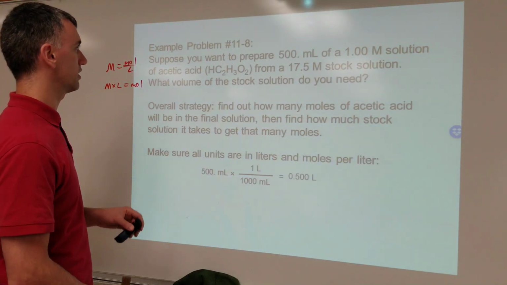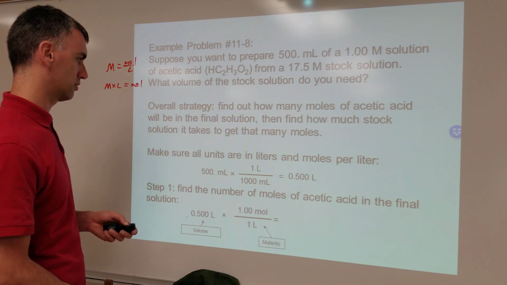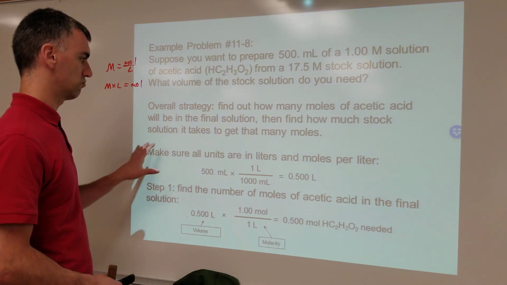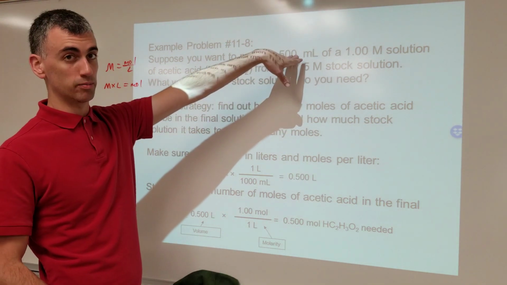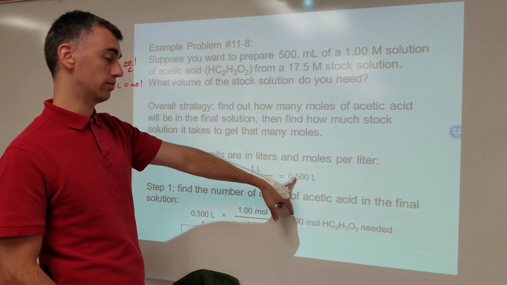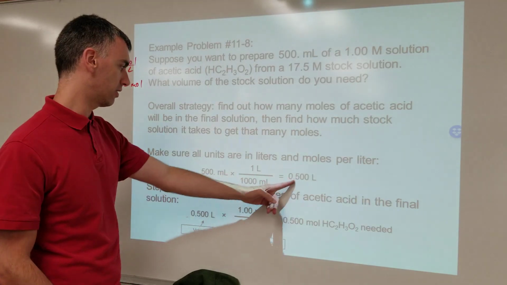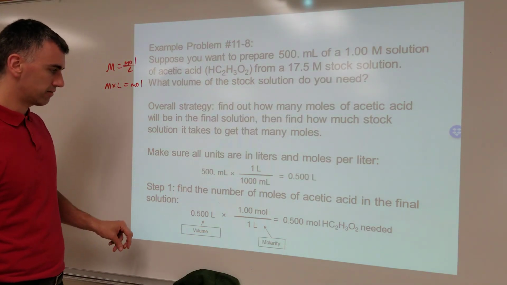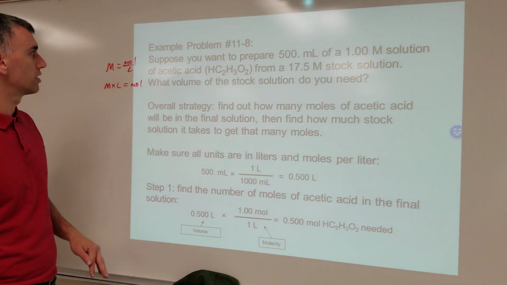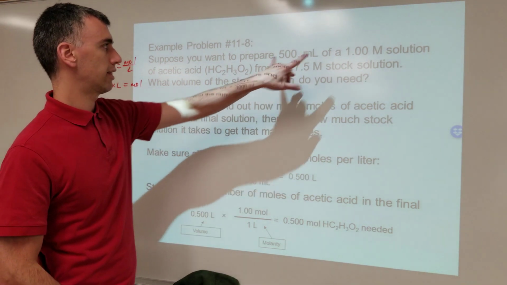So what are we doing here? Okay, so first of all we're saying, okay, you can't work with milliliters, you gotta convert to liters. That's this step right here. And then, once you have liters, you can say, look, you wanna make this.